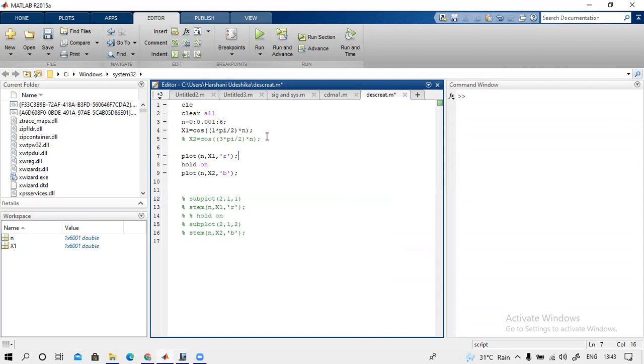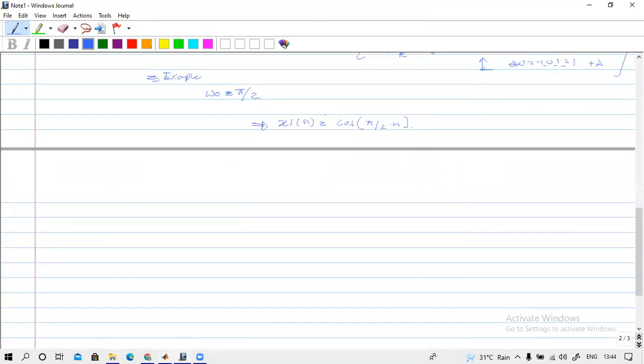Here this is the signal x1, you can remove the 1, so it is cos 5 by 2 n.